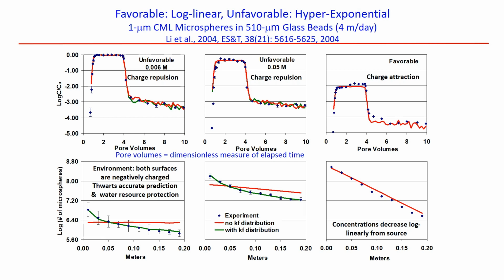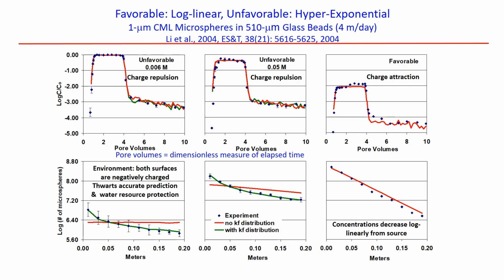In the bottom row, though, you can see under favorable conditions on the right side, you have a log linear decrease in the colloid concentration as it moves through the porous medium, and that reflects the compounded loss of colloids as they move from grain to grain. In contrast, under unfavorable conditions to the left, you can see that the log linear decrease predicted by the red simulations doesn't match the experiments.